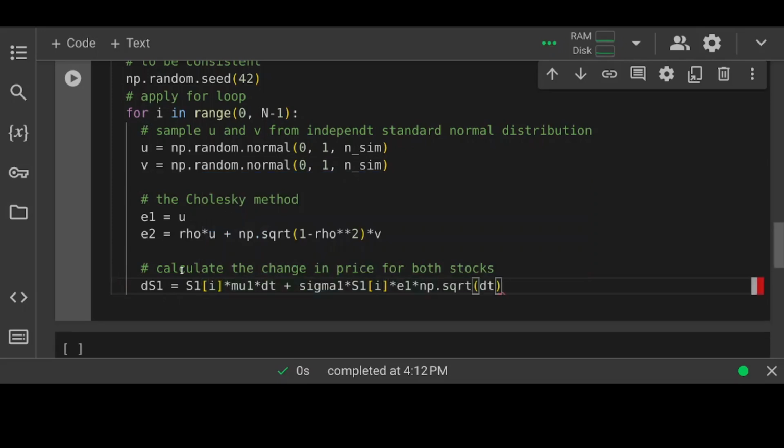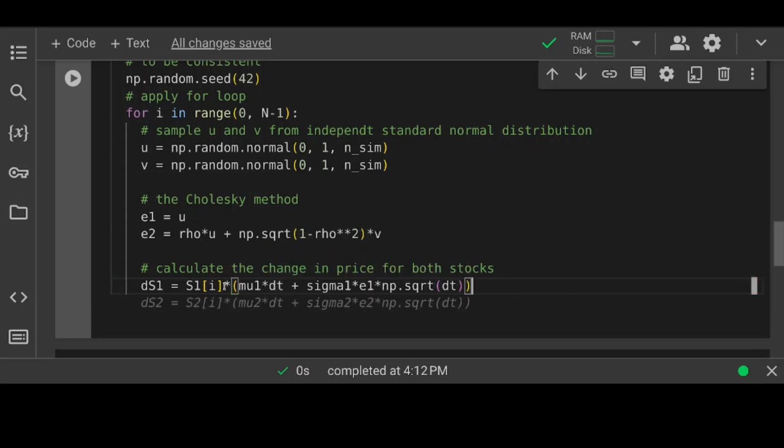We can make this a common factor: multiply by mu1 dt plus sigma1, this is common, epsilon 1 times np.sqrt of dt. This is the simulation for the first stock. Similarly, for the second stock, it is given by this one.